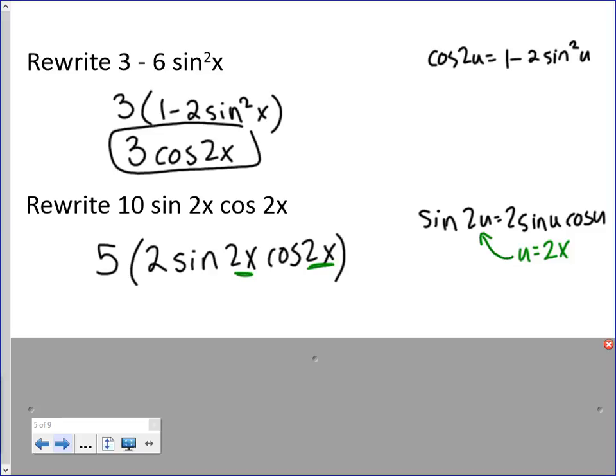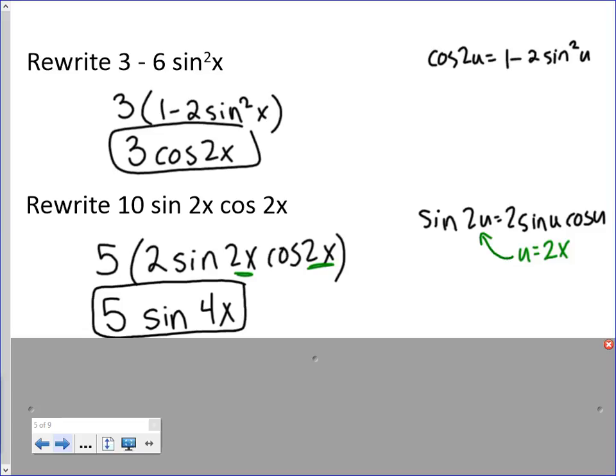Instead of expanding these with double angles, we're putting them back as the sine of 2u, but then u is 2x. So my final answer simplified would be 5 sine of 4x. And again, these problems are really just about looking for that pattern. What does it look like?